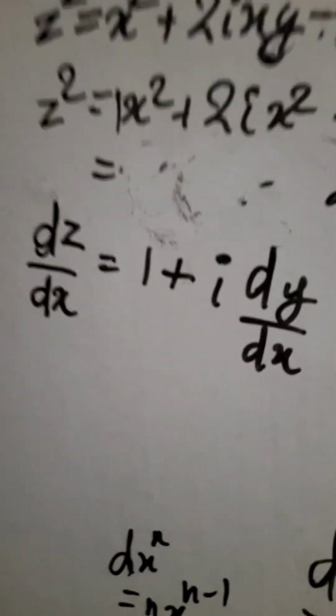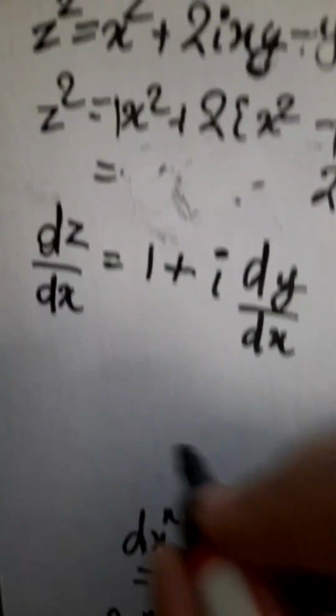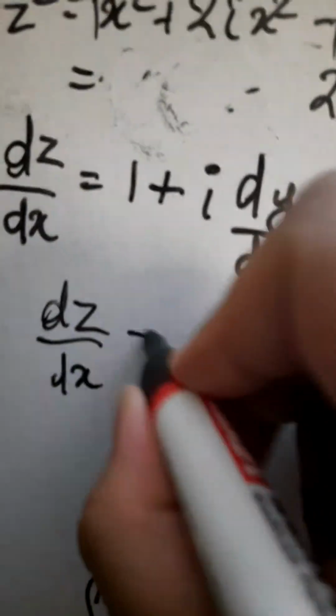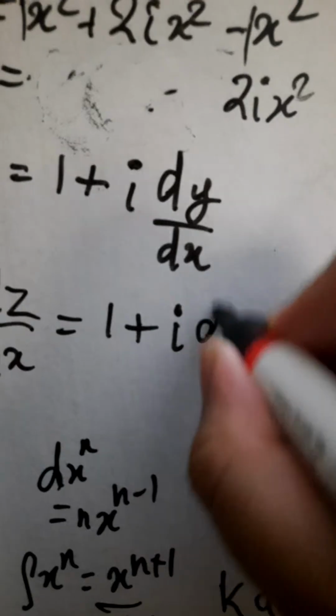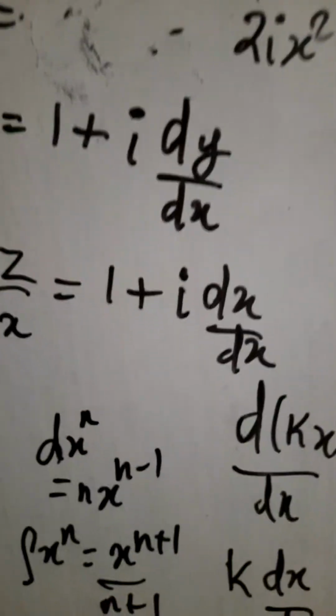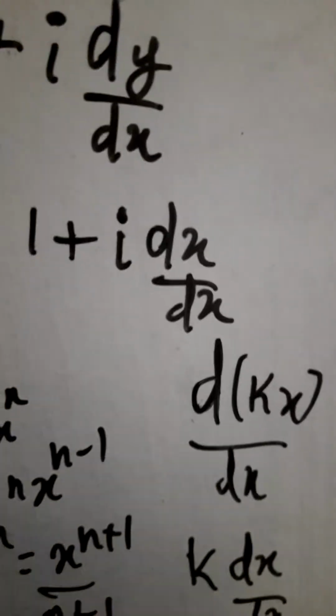Since y equal to x, in this place of y I can substitute x. See here, y equal to x, so dz by dx equal to 1 plus i dx by dx, which is equal to 1 actually, right?